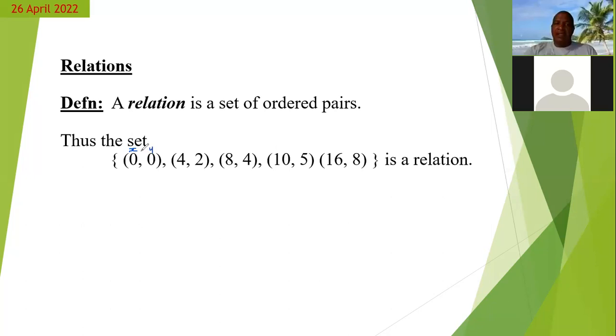So every time we look at a coordinate pair, we know that the x value comes first and the y value comes second. And so that is why we call them ordered pairs, because we have to follow that order. All right, any question about that, guys? So this is a set of ordered pairs.